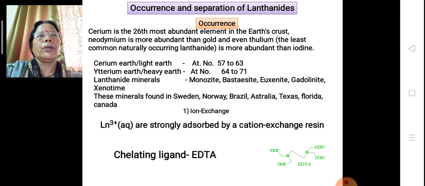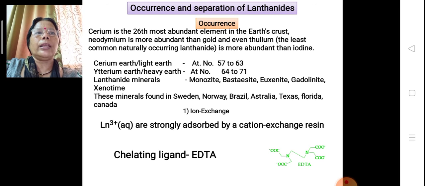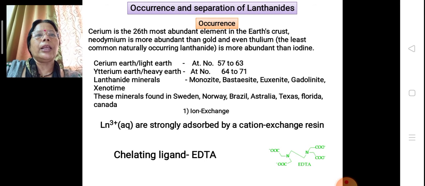Occurrence and separation of the lanthanides. Cerium is the 26th most abundant element in the earth's crust. Neodymium is more abundant than gold, and even thulium, the least common naturally occurring lanthanide, is more abundant than iodine. Cerium earths are the light earths, atomic number 57 to 63.